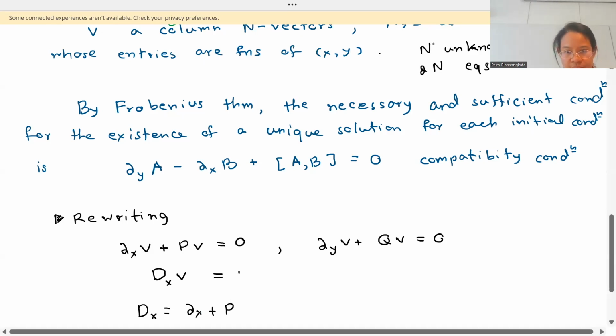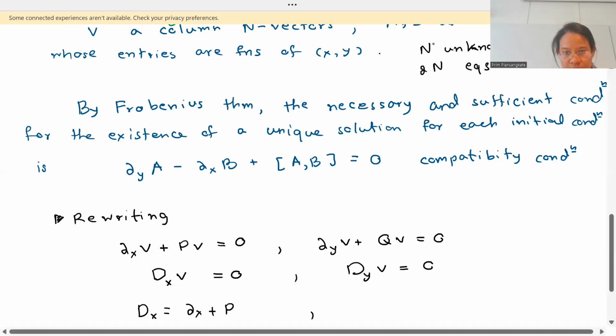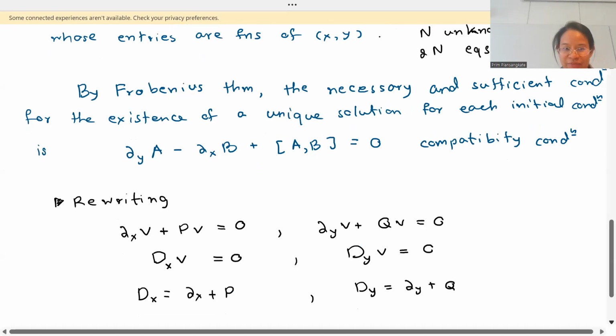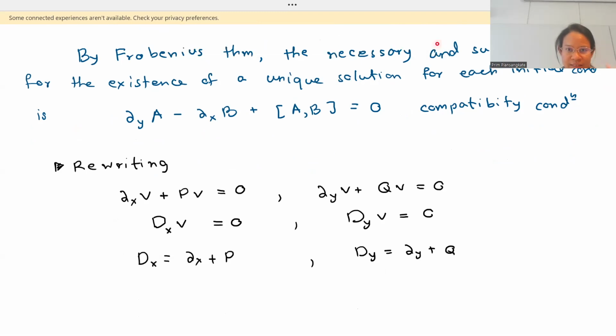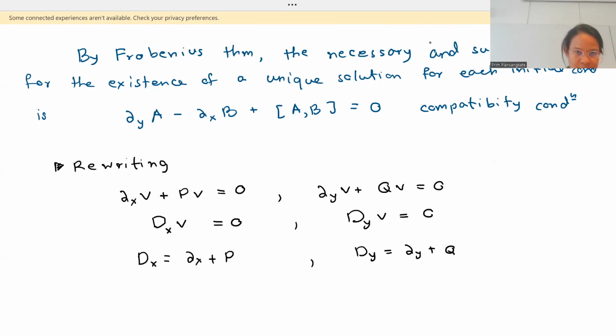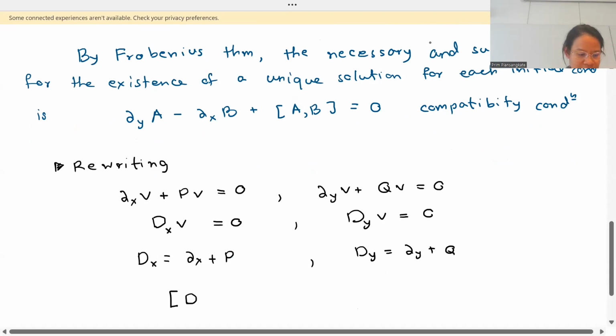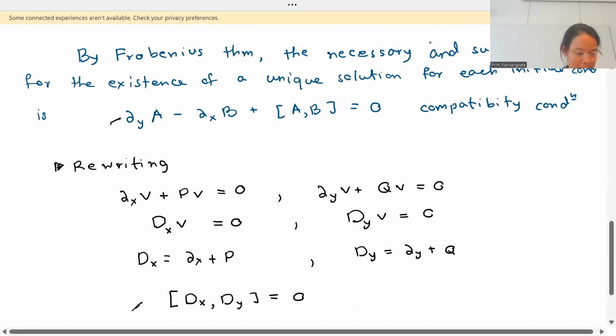So it becomes this, and this one is D_Y V. If I write it in this form, you can verify that the compatibility condition is actually that the differential operators commute, that the commutator equals 0. This can be verified to correspond to this.